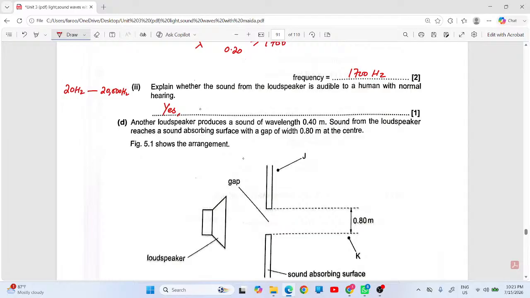Yes, because it is in the audible frequency range.